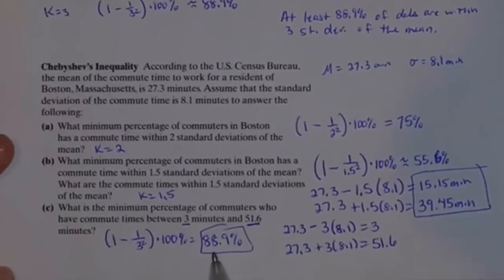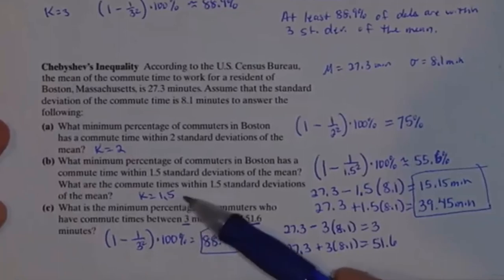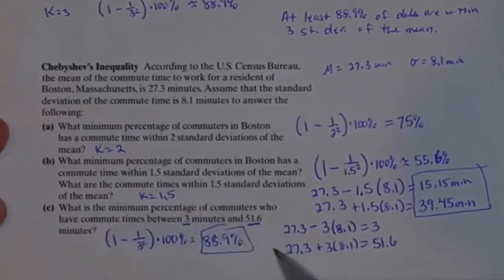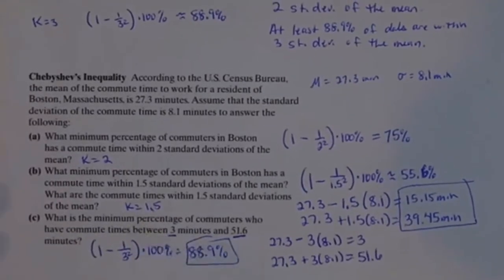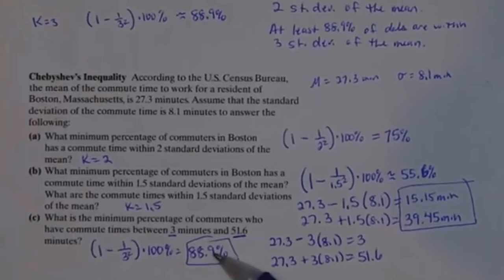So at least 88.9% of Boston's commuters have commute times between 3 minutes and 51.6 minutes. Again, if I knew the shape of the distribution was bell-shaped, then I would be able to say maybe that's closer to 99.7%. But the fact that I don't know this is bell-shaped means the best I can say is that it's at least 88.9%.